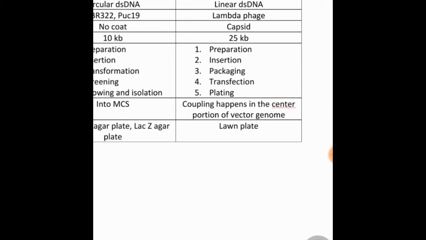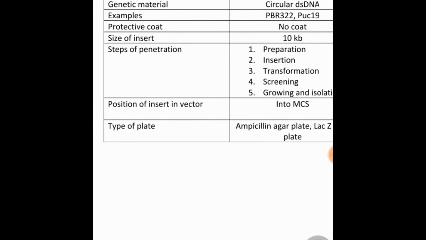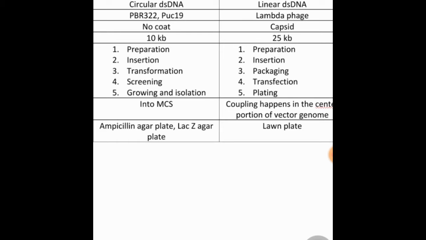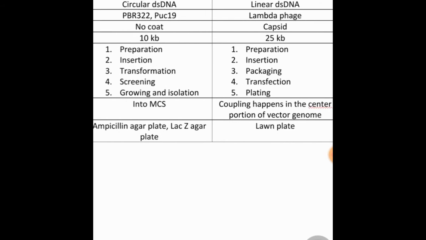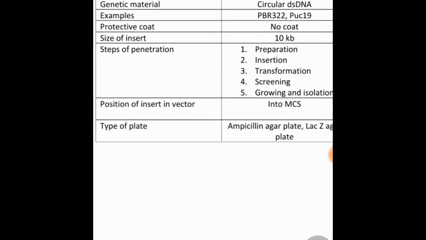Meanwhile, lambda vector has linear double-stranded DNA. Examples of plasmid vector, the most common ones, are pBR322 and pUC19. For lambda vector, it is lambda phage. Lambda vector, being a bacteriophage, contains a coat called a capsid. Meanwhile, plasmid vector does not have any coat.